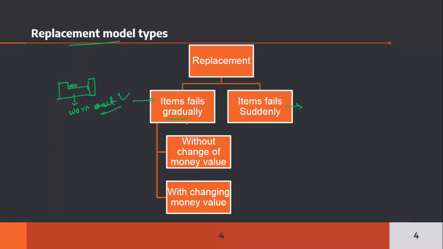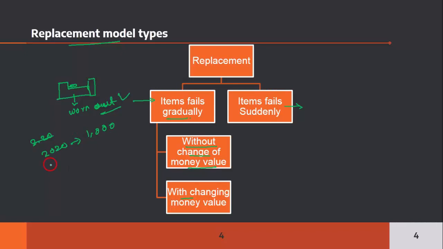Again, when considering items that fail gradually, there are two types. When we consider the money value in our calculation, we get one particular replacement year, and if we don't consider the money value for our model, we get another. So first of all, what is money value? Suppose this year is 2020 and I have 1000 rupees in my pocket.